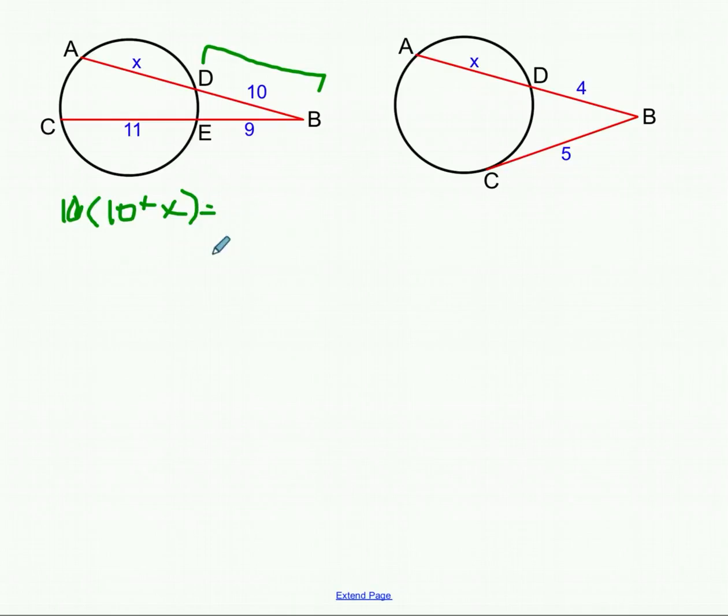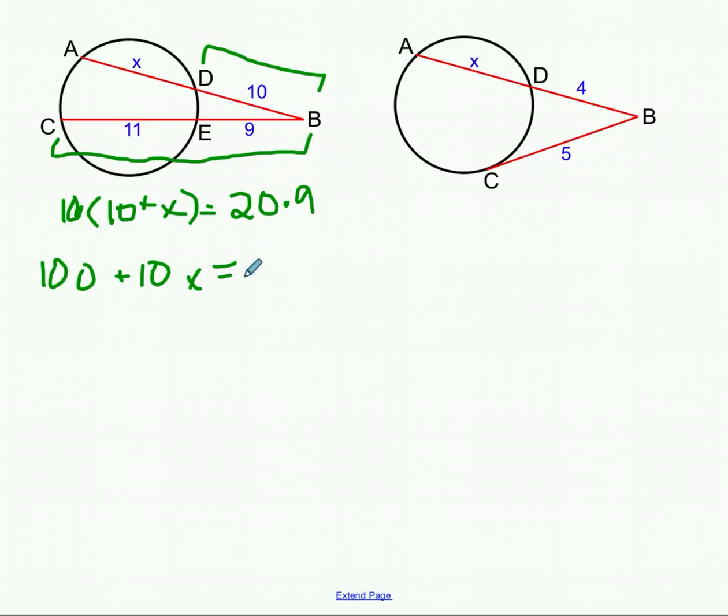And that will equal this secant segment, which is CB, which is 11 plus 9, so 20, times its external segment, which is 9. And now I just need to solve this equation for x. I need to distribute this 10 in. 10 times 10 is 100. 10 times x is 10x. 20 times 9, if you do that in your calculator, you get that it is 180.